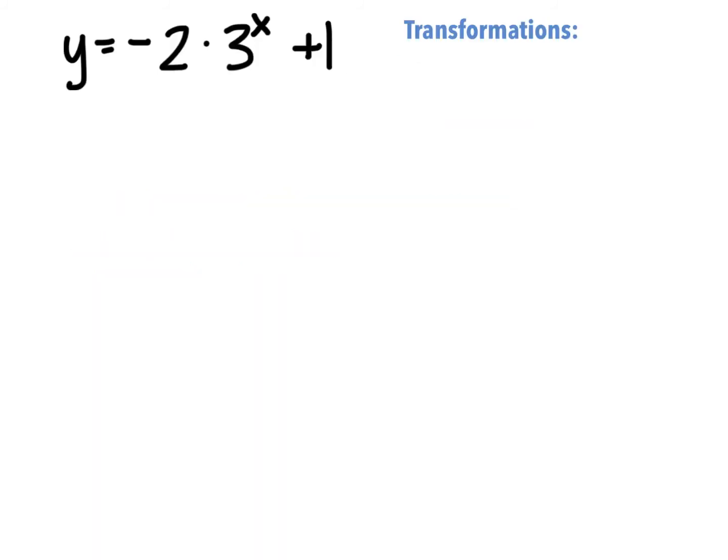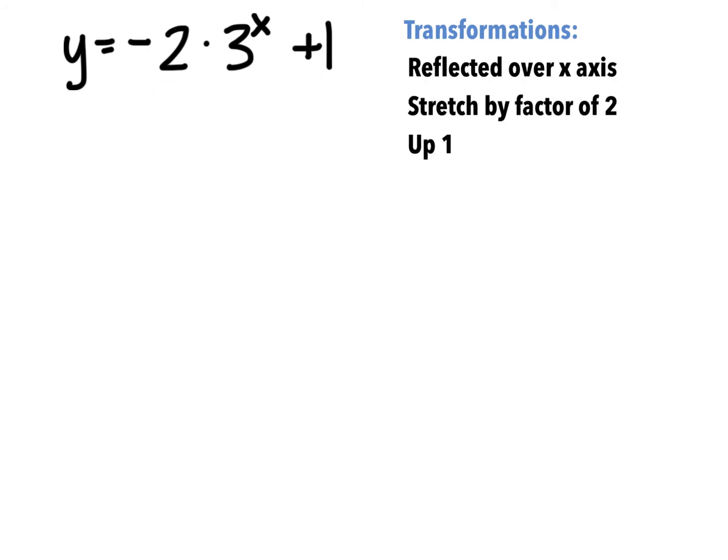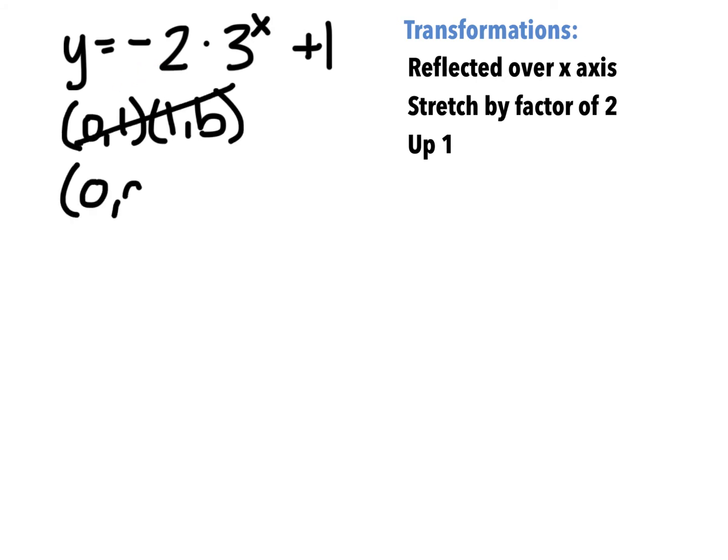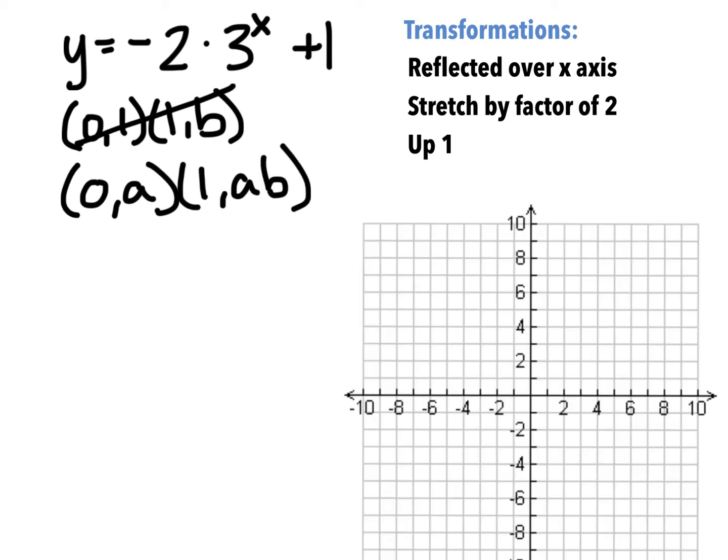All right, so here we have the example y = -2 times 3 to the x, plus 1. Let's list out the transformations. This negative 2 will be reflected and stretched by 2. And then this plus 1 will shift it up 1. That's my k. So if this was just a parent function, we would plot (0, 1) and (1, b). But because we have this a, we're actually going to plot (0, a) and (1, ab).